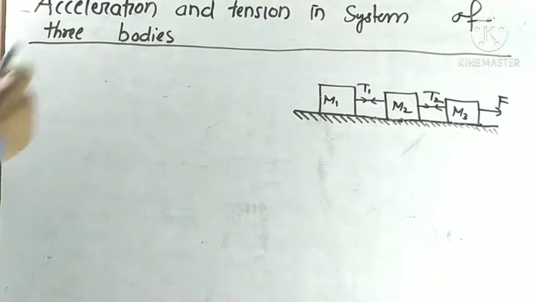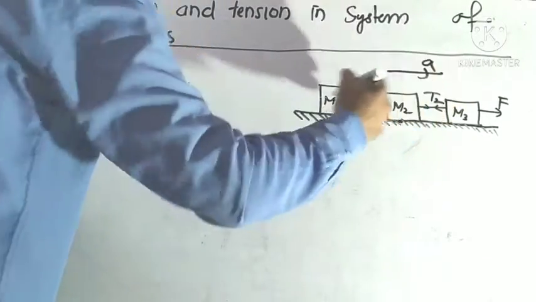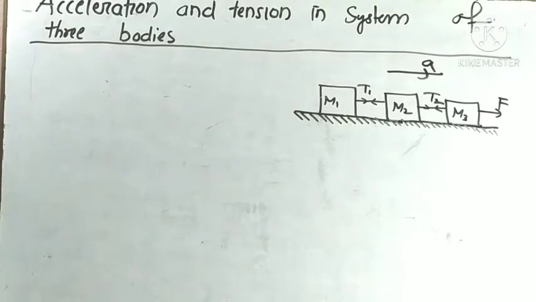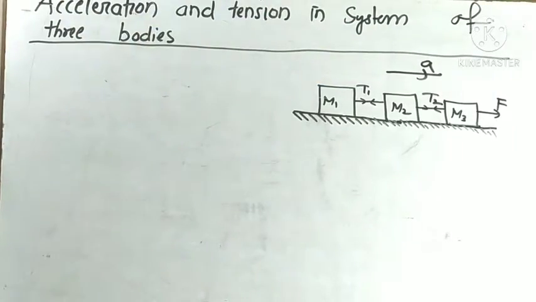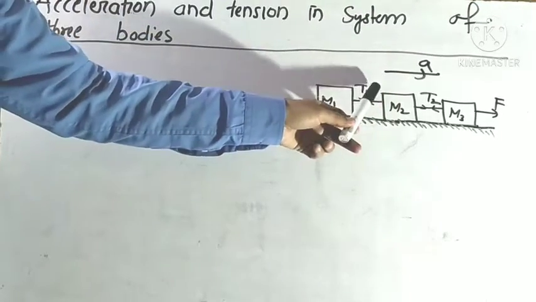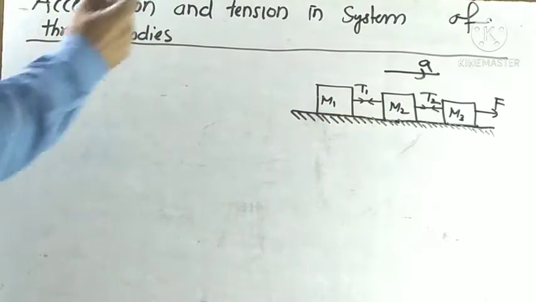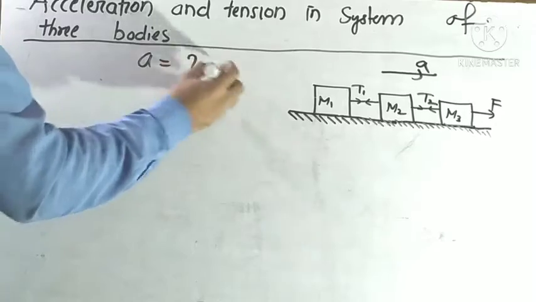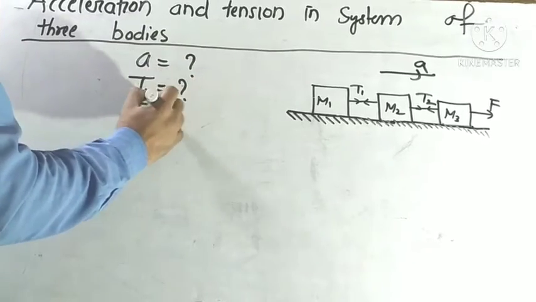All three bodies move with the same acceleration a. So we have to find three unknown quantities: acceleration, tension T1 and tension T2.